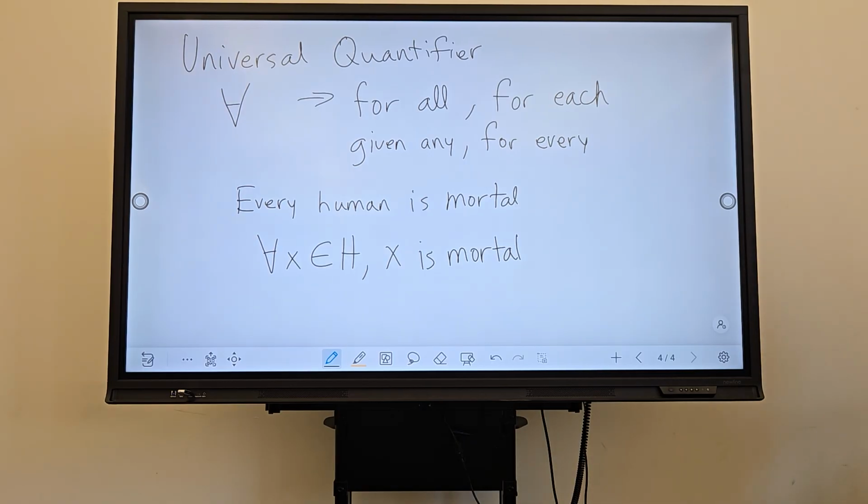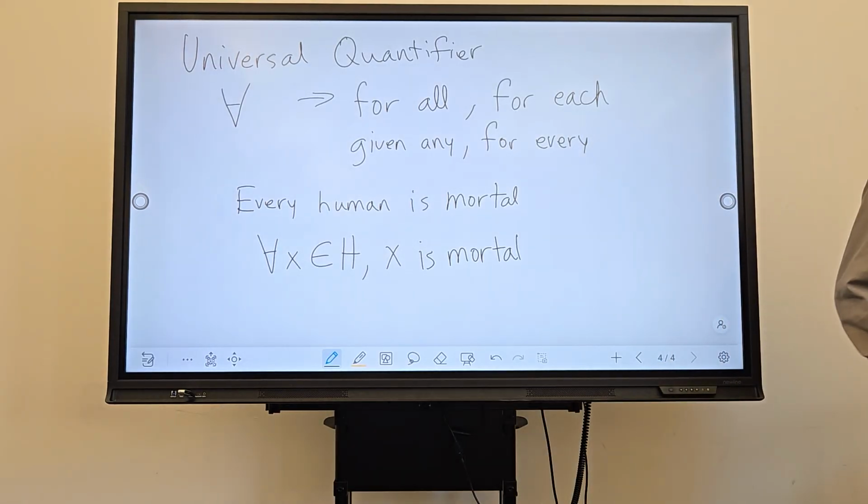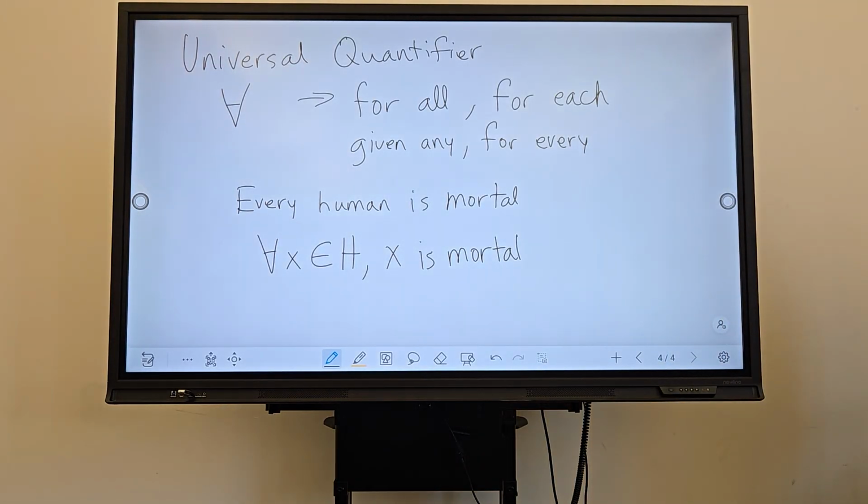It is defined to be false if and only if Q of x is false for at least one x in D. So if there's one element of the domain that's not true, then the universal quantifier is false. A value of x for which Q of x is false is called a counterexample to the universal statement.